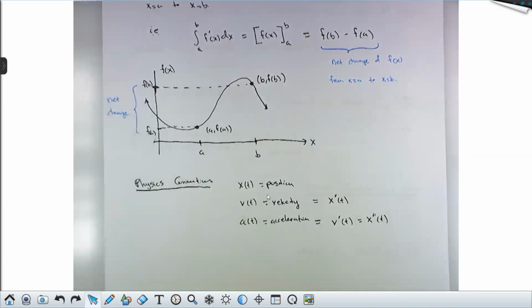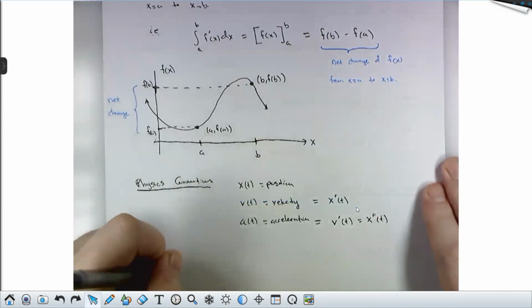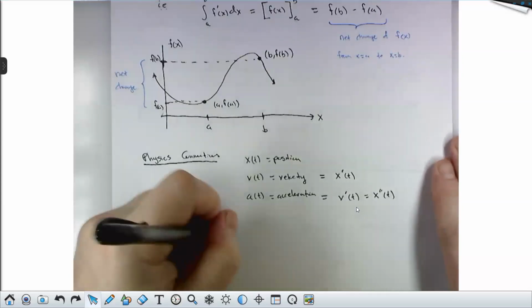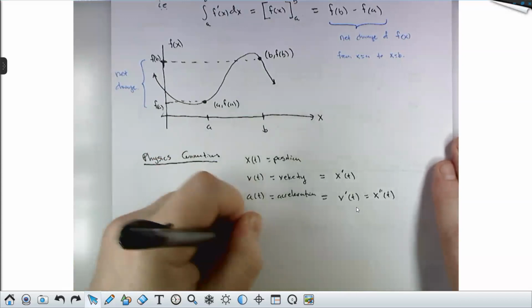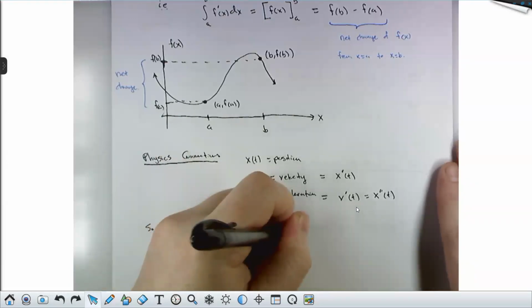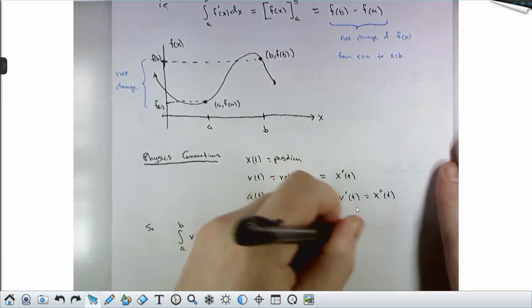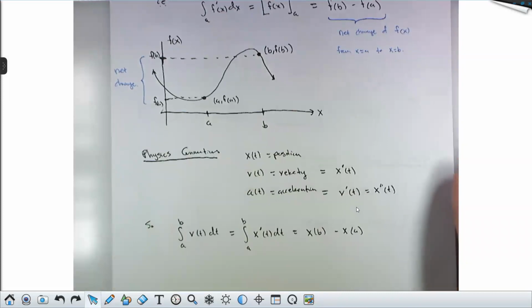What this means is that if you integrate velocity, the integral from time t equals a to t equals b of your velocity is equal to the integral from time t equals a to t equals b of x primed of t dt, which would be x of b minus x of a. It's the net change in your position.